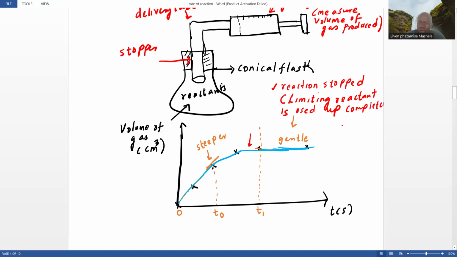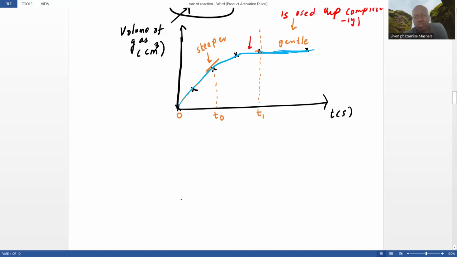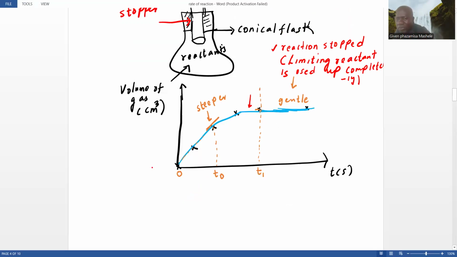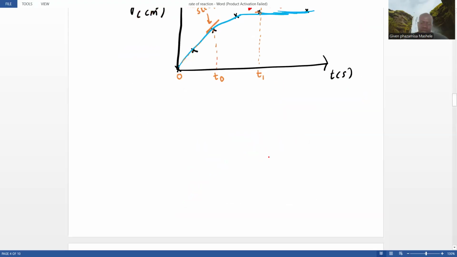Now, the question is, when we are dealing with the rate of reaction, ladies and gentlemen, and we are using the method of measuring rate of reaction by volume of gas produced, how can we measure the rate of reaction here?